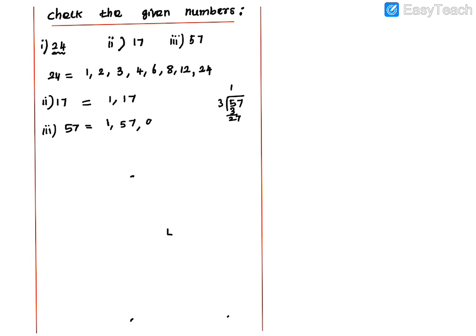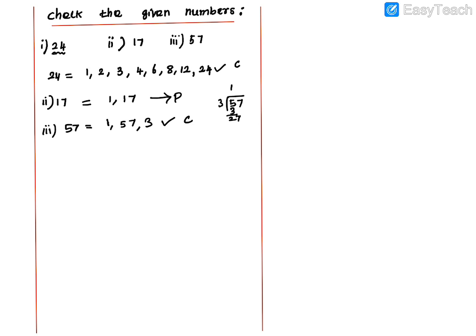That means the third table it will divide. So within this we can predict, right? So it is a composite number. So 24 and 57 are composite numbers, and 17 is a prime number. Okay, can you understand?